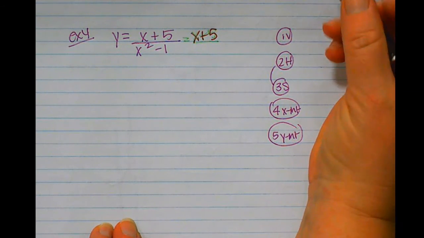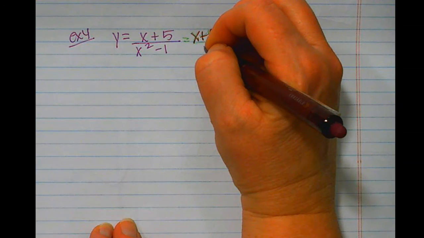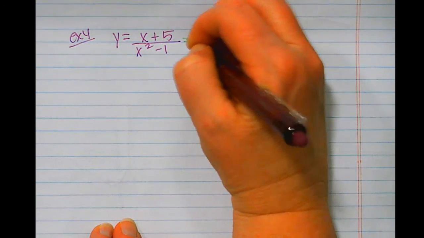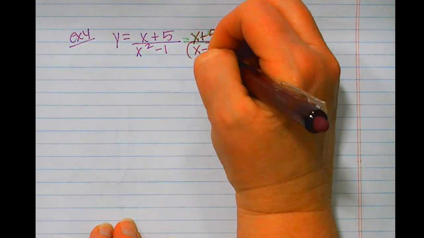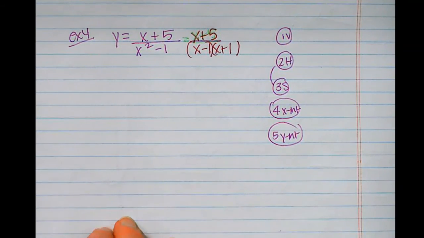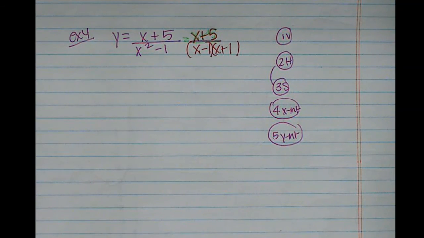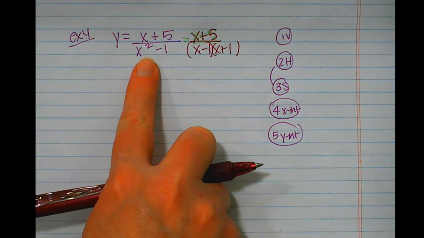This is the one you were doing earlier, Diggs. Okay, so in factored form, you can see the asymptotes more clearly. In this form, you can compare the degree more clearly.